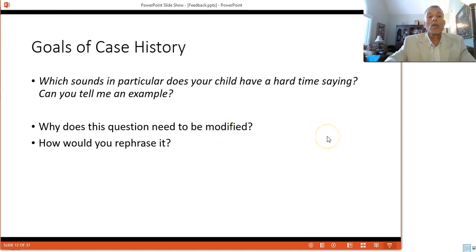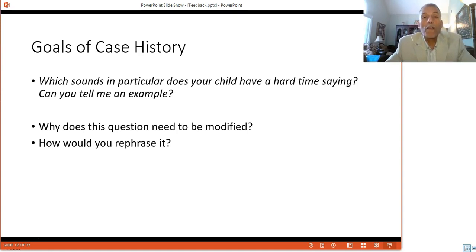Another question: which sounds in particular does your child have a hard time saying? These things you can find yourself, and the parent gets used to the sounds. They sometimes do not even know that the child has a problem with sounds. They get used to the child. I shared a case where the parent came in and I identified a problem with speech articulation, and the parent just said, no, he is perfect, there's no problem.